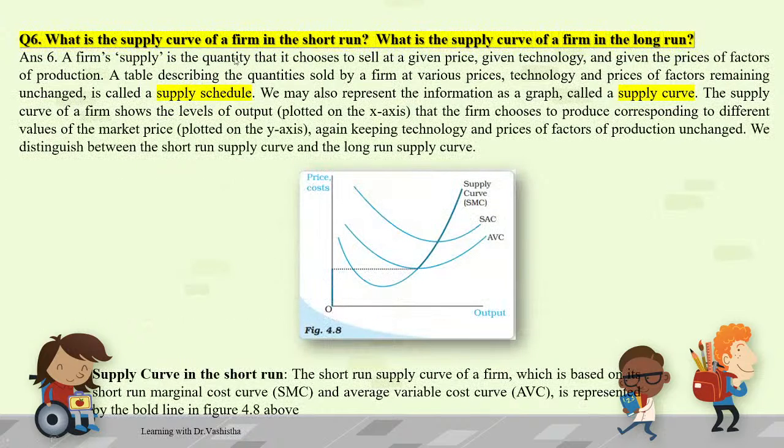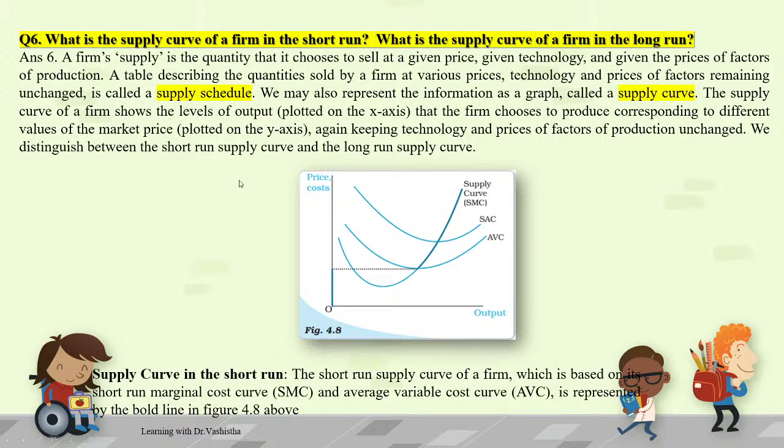Now, what is the supply curve of a firm in the short run, and what is the supply curve of a firm in the long run? First of all, what is the supply curve? We'll also understand what is the supply schedule. To start with, we'll first understand what a firm's supply is.